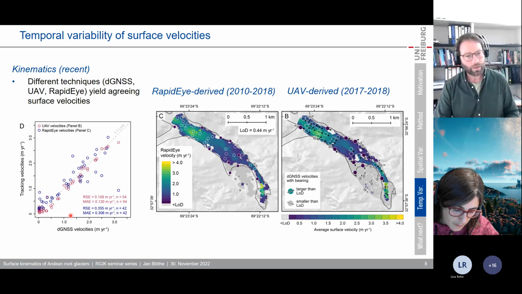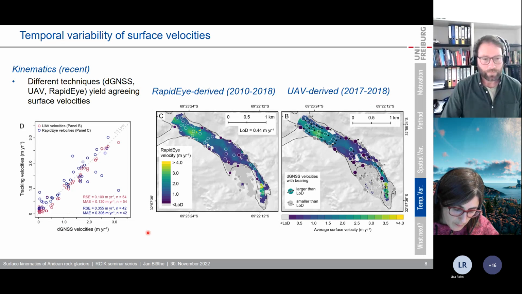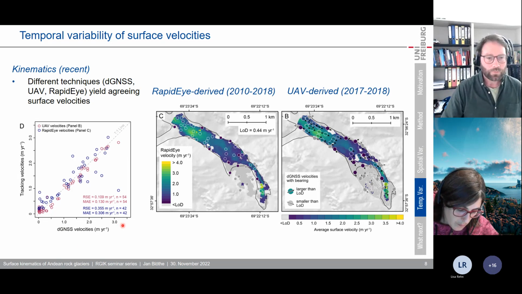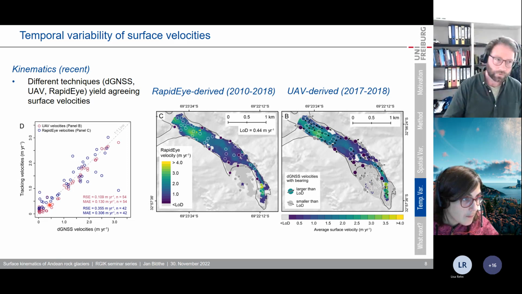And if we plot them against each other, or against, in this case, the ground-measured RTK GNSS values, we can see we find some very good agreement. So this is just to say that our method in this case seems to be working.